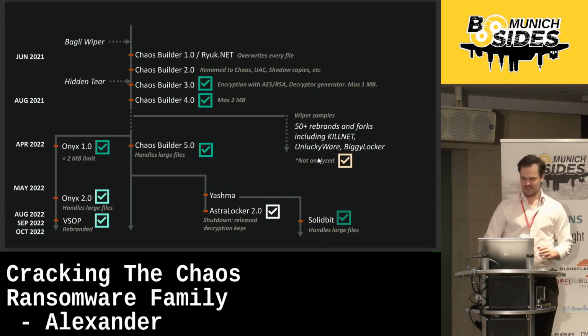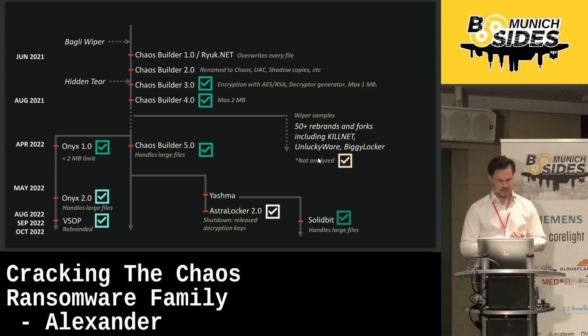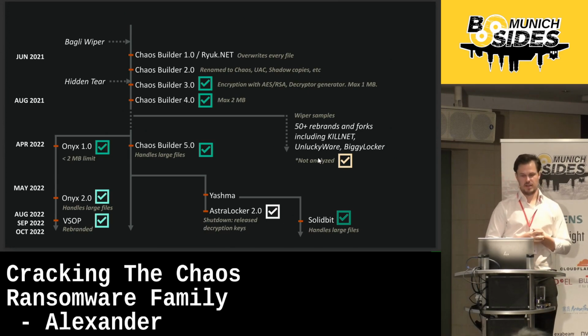So we have decrypted pretty much the entire family at this point, right? We have the VSOP one, which we used in that company that we helped out. Then you have the main branch, which is the Chaos Builder one that was used by Killnet and so on. The limitation with that one is that it still has that 2 megabyte limit.